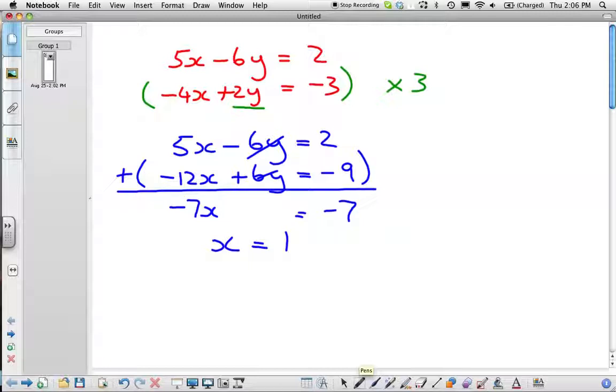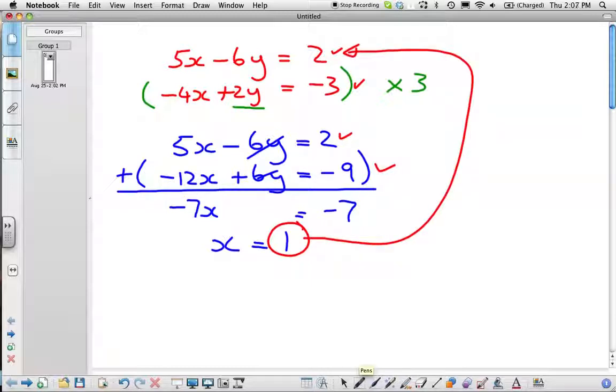Now I have the value for that. I can use any of these equations, and I can substitute the 1 in to find the y. I'm going to just choose the simplest one, which I think is this one over here. I'm going to substitute my x into there and then solve for y. So it's going to be 5. Now remember, whenever you substitute, always put in a bracket, especially when it's a negative number that you're putting in.